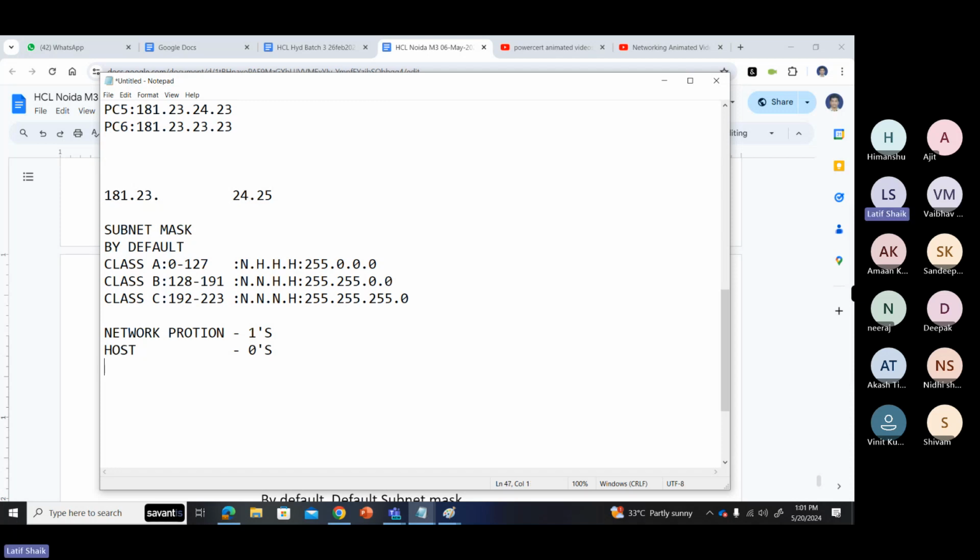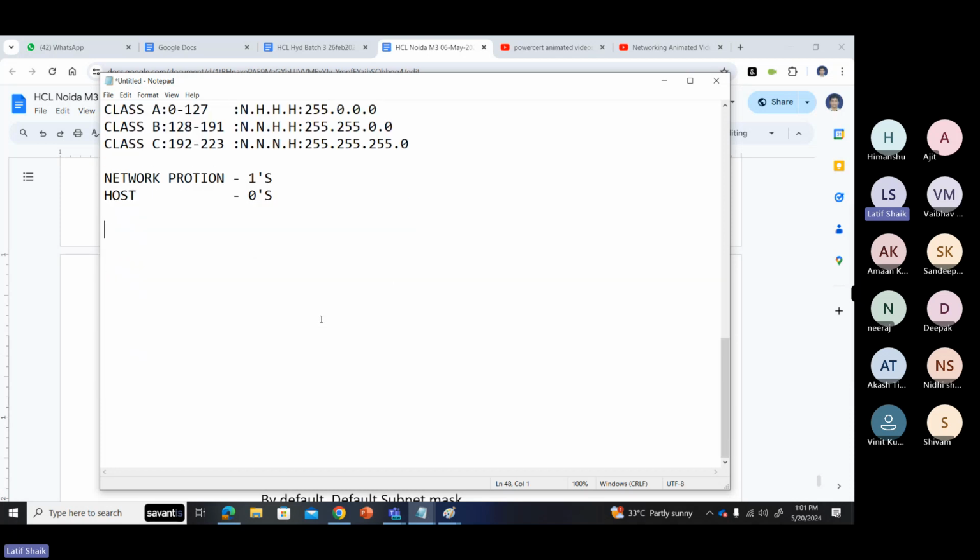If you want to go in depth, you can also write it like this. The first portion is the network portion, which means it is represented with ones, like this. This is the class A subnet mask.